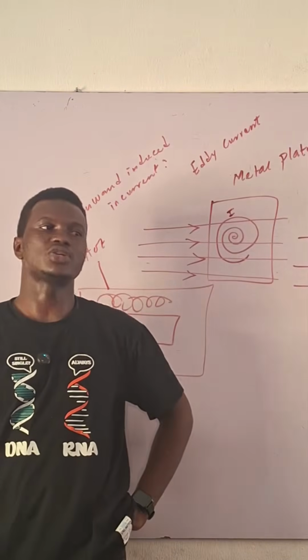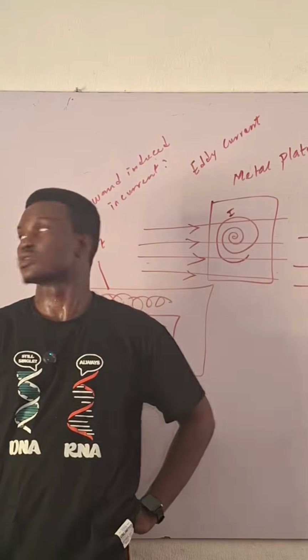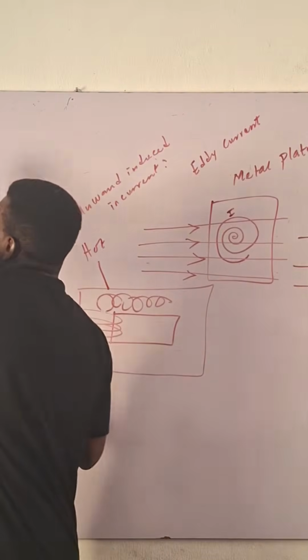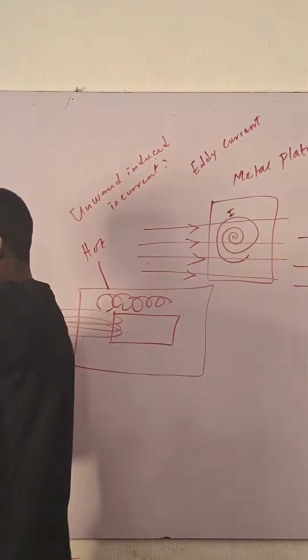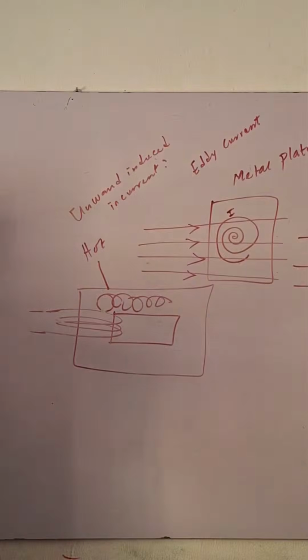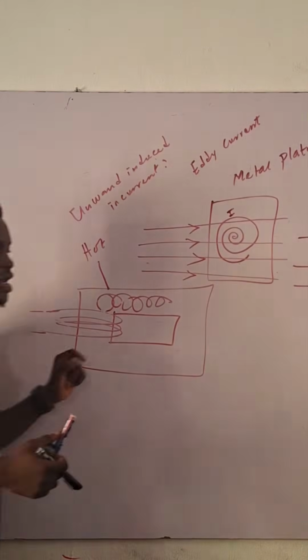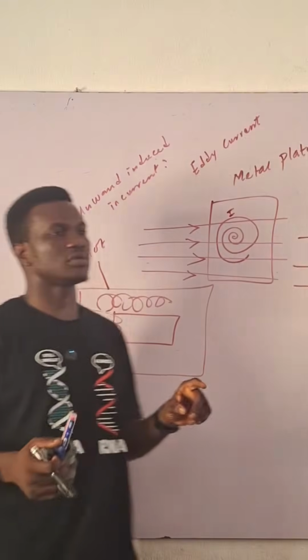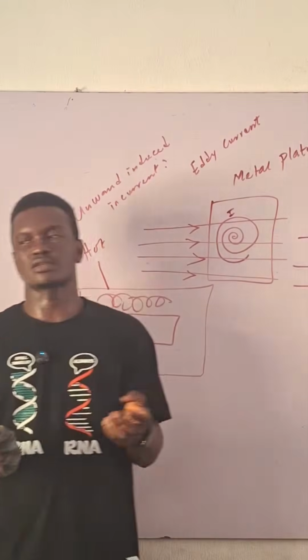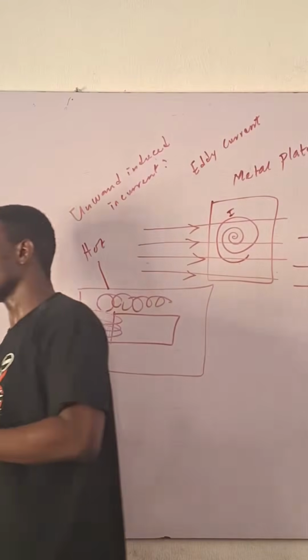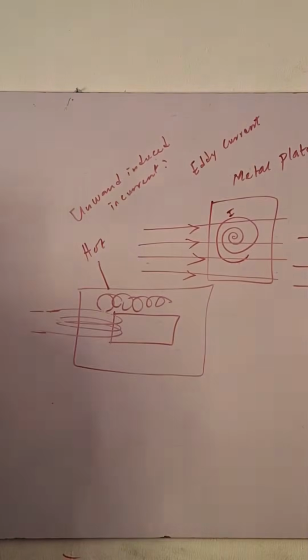So how do you get rid of eddy current? In order to correct that, eddy current can be prevented by using a laminated soft iron.